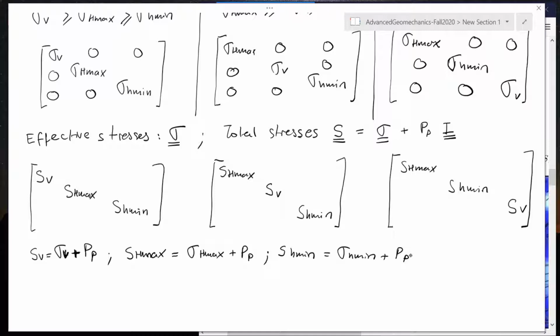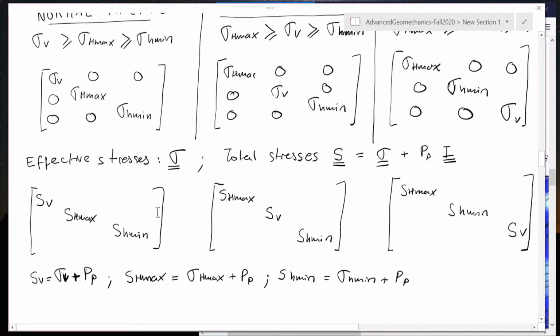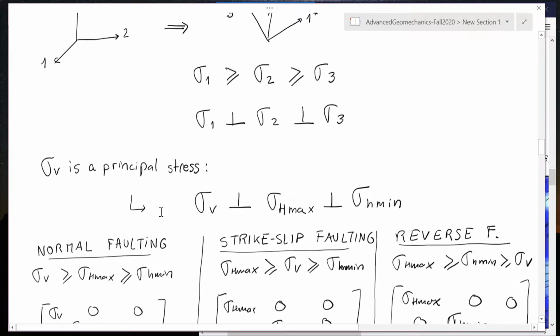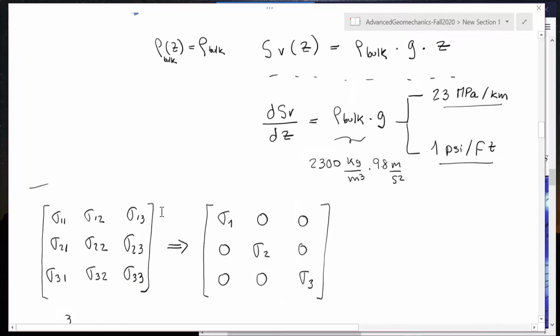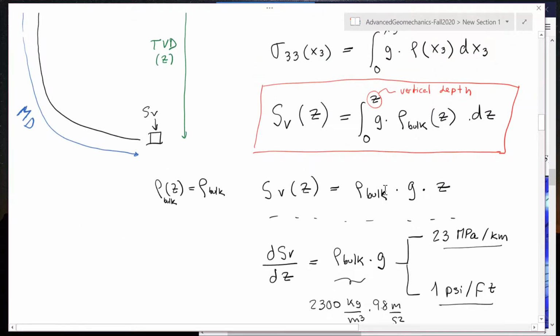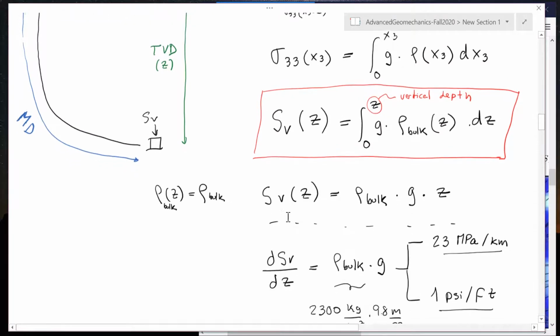But for now we just accept this convention and these equations, and remember that the vertical stress that we calculate with the equation that we had before, which is called the lithostatic gradient and takes into account the bulk density of the rock, serves to calculate the total vertical stress, accounting for the weight of the water within the pores and the rock itself.